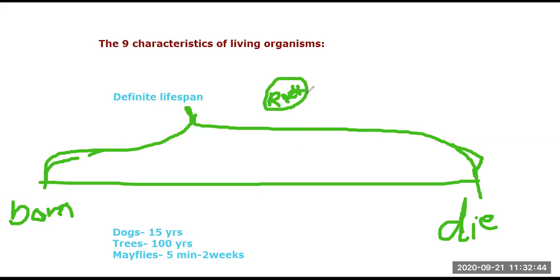A rock has an indefinite lifespan. It can stay on Earth for hundreds of millions of years. So you can understand by this that living things have a definite lifespan while non-living things have an indefinite lifespan.